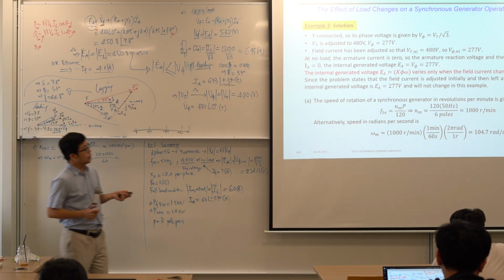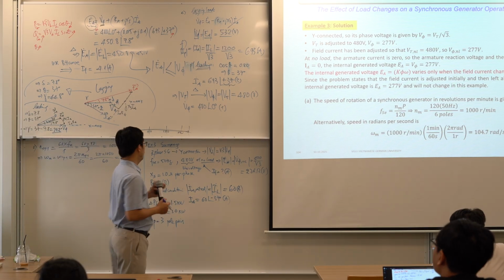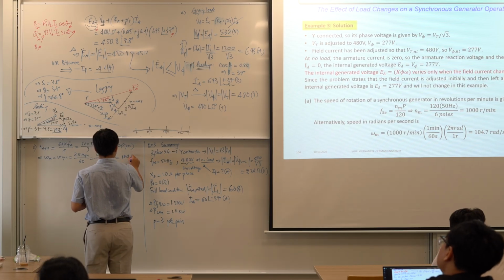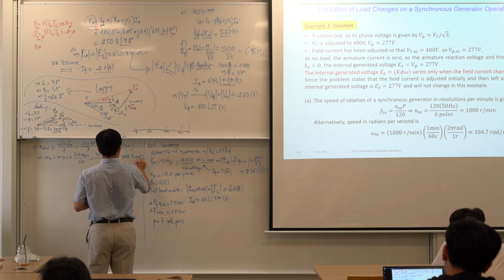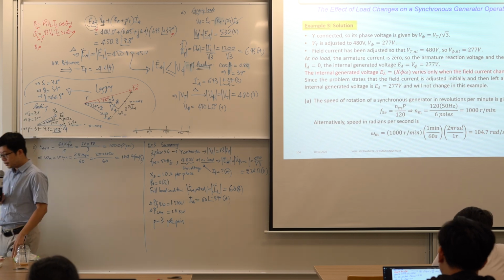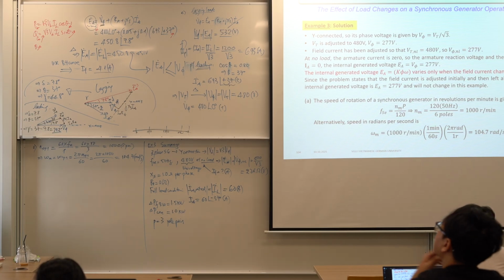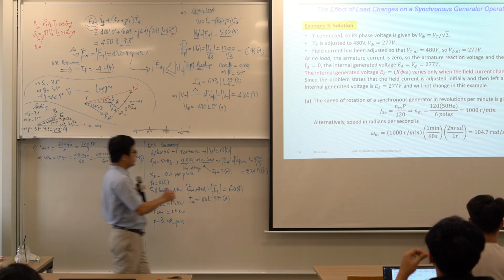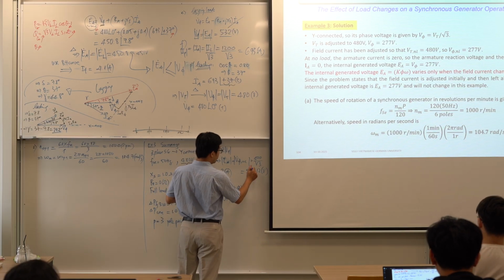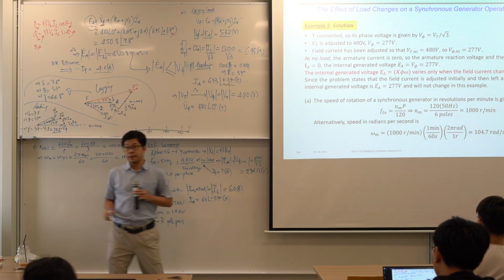Yeah. 104.7 radian per second. Please double check. Is it correct? Oh, this is 76, right? 76 or 26? 76.